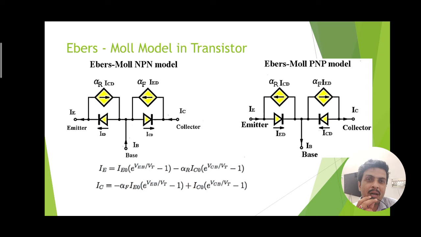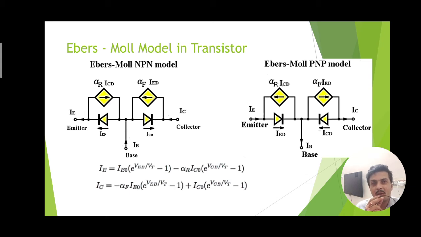Similarly, alpha R is for the reverse active mode, in which we get the current gain alpha R, which is much smaller compared to alpha F. Under the reverse active mode, the EBJ junction is reverse biased and the CBJ is forward biased. So why does alpha R not dominate over alpha F?